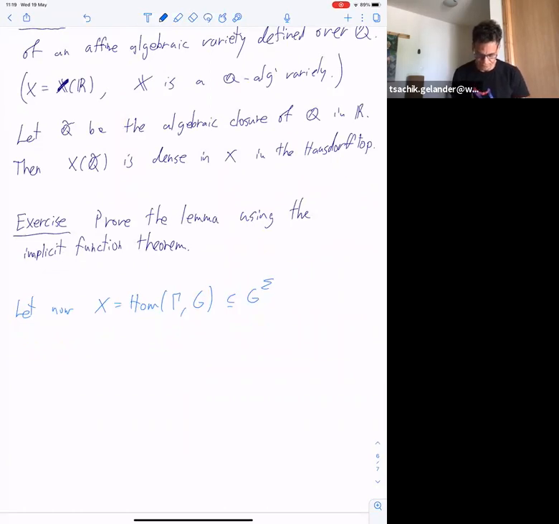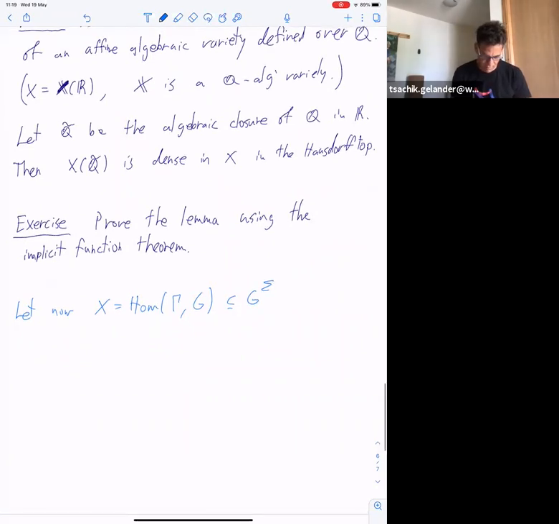So I'm looking at this. We can find a Q̃ point arbitrarily close to the inclusion of Γ. What does it mean?